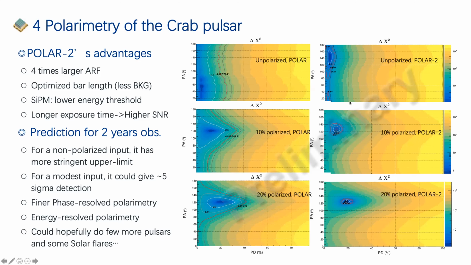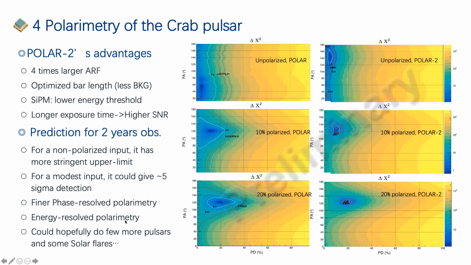From top to bottom are unpolarized, 10% and 20% polarized input to the Monte Carlo simulation. If you look at the unpolarized inputs, POLAR-2 has more stringent upper limits. And for modest inputs, it could give much more significant detection.